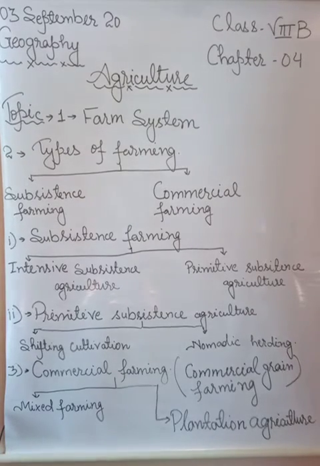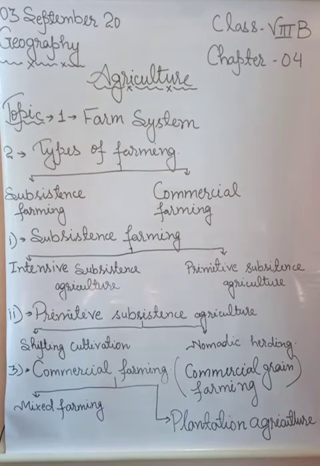So students, primitive subsistence agriculture includes shifting cultivation and nomadic herding.